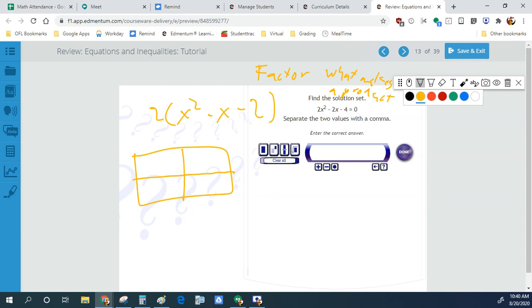Think of it like this: if A times B equals C, C is our product, but A and B are both factors. So that's what it means by factoring. That's why it's called factoring: you're taking out this 2 because 2 is a factor of it. So in case you guys are ever like, well, what is factoring? That's what it is. It's basically dividing because it makes something else.